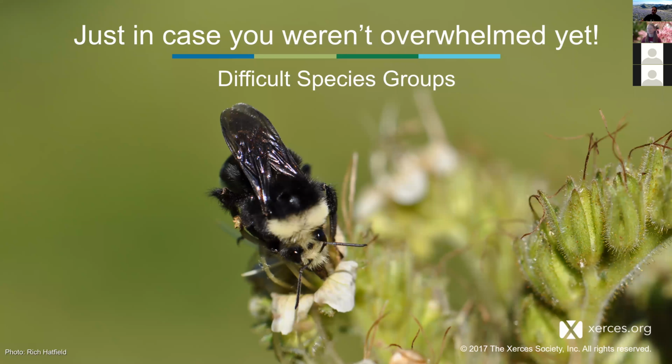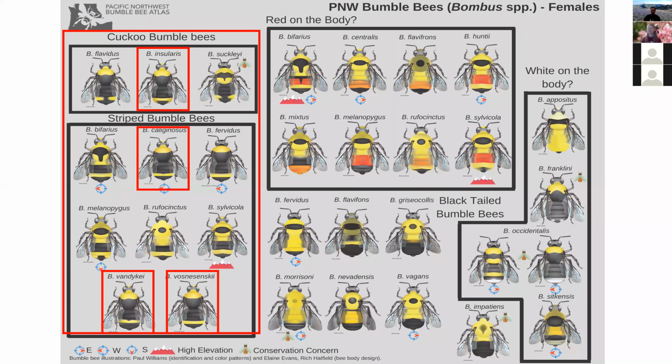Our cuckoo bees, A, look like each other, and B, they also look a lot like some of our true bumblebees. So we'll go through those. But first, we're gonna go through these yellow-faced, yellow-striped bees. On your sheet, there are 4 different species that have yellow faces and yellow stripes on their abdomens. So how do we tell the difference between those?